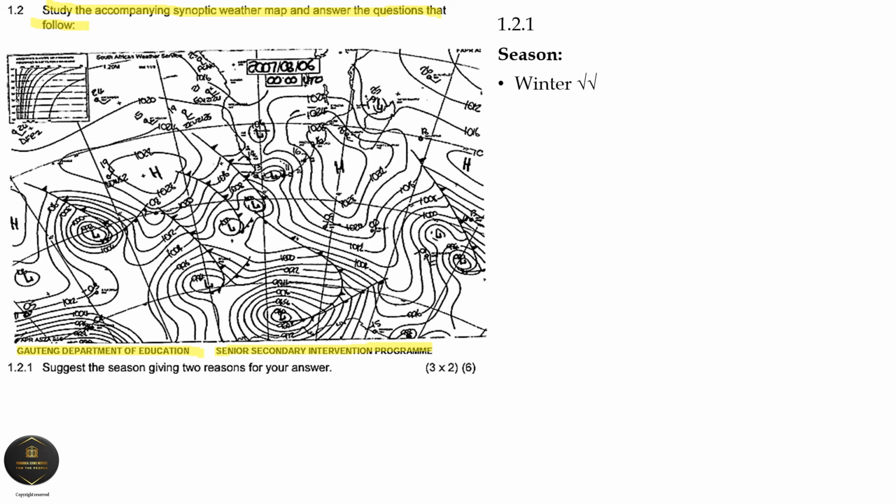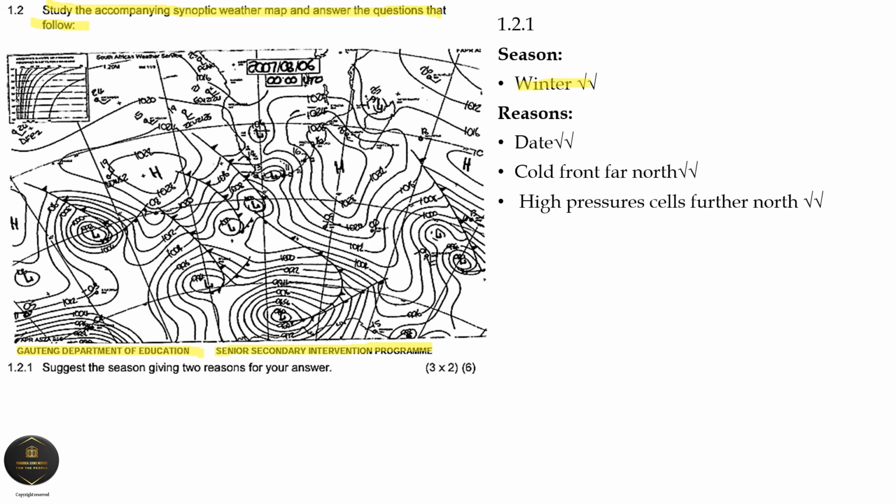Now let us look at some of the questions. First one, suggest the season, giving 2 reasons for your answer. Now the season there is winter. Why is it winter? Because of the date. The date is 2007 August 6, and that is in winter in the southern hemisphere.